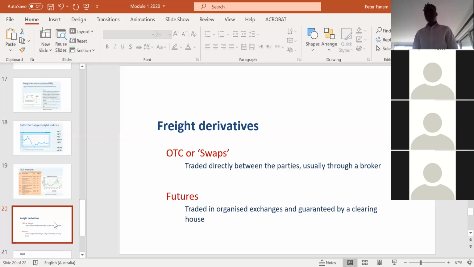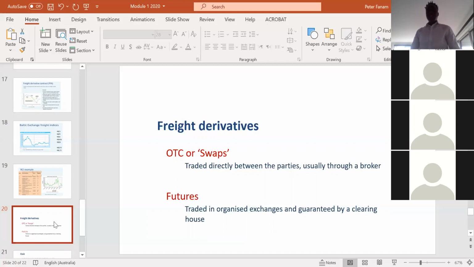If one party defaults, there's nowhere you can go to claim your money. So the risk is on you. For example, the contract is signed between the ship owner and the charterer, and then the charterer defaults. The ship owner has nowhere to go if the charterer is not capable of paying. So the ship owner will have to take that risk.